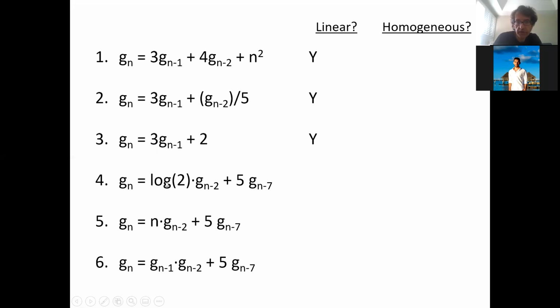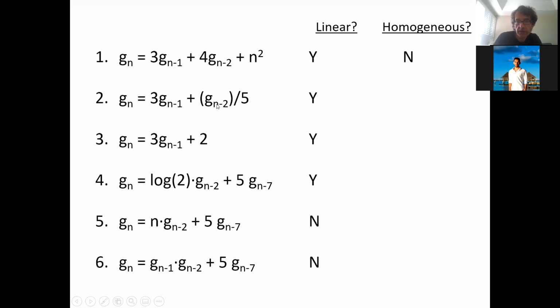Here, there are two constants: log 2 is a constant times this one, plus 5 times this. Here, it's non-linear because this is not a constant. And here it is non-linear because it's a multiplication of two previous terms. Now, is it homogeneous? No, because it has a free term.